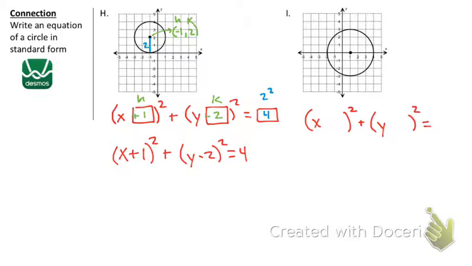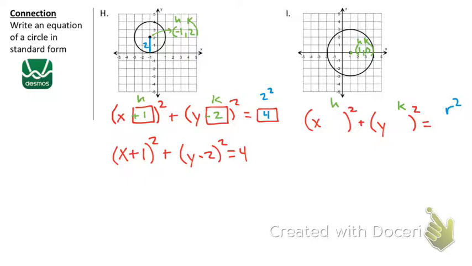So the blanks we're filling in, again, is h, k, and radius squared. All right, so let's find our h and k. So our h and k comes from the center. Our center is 1, comma, 0. Here's our h, here's our k.